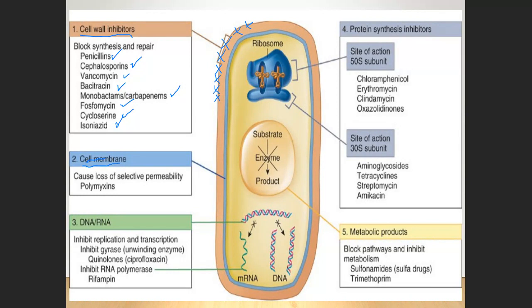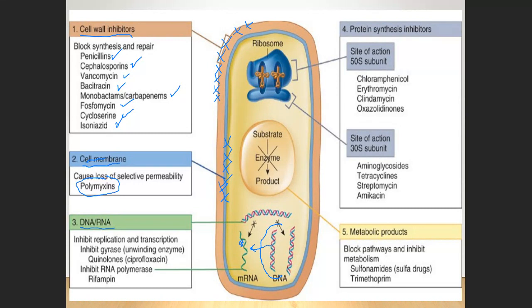The second is going to be the cell membrane inhibitors or destroyers. An example is polymyxin. So polymyxin over here will destroy the cell membrane. The next drugs will be the ones that target the DNA or RNA. This bacteria has DNA, and DNA then is able to produce the messenger RNA, and this messenger RNA then will be used for making protein by using the ribosomes.